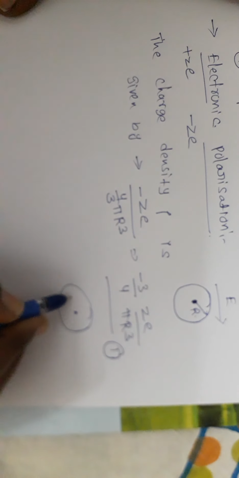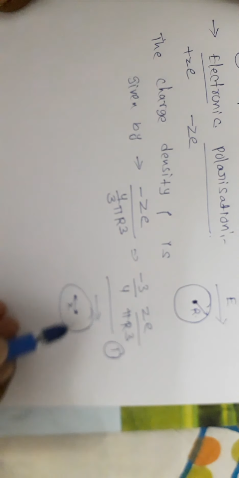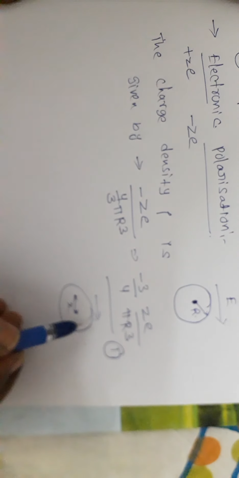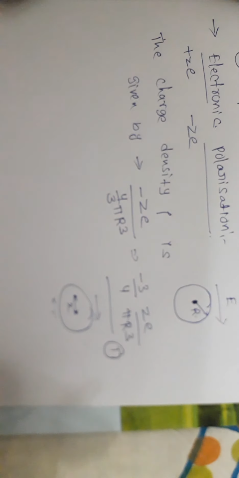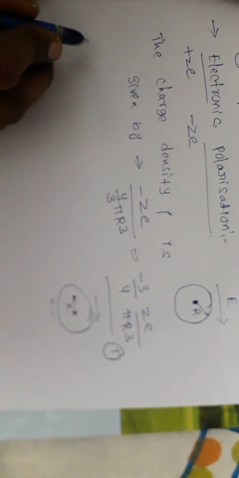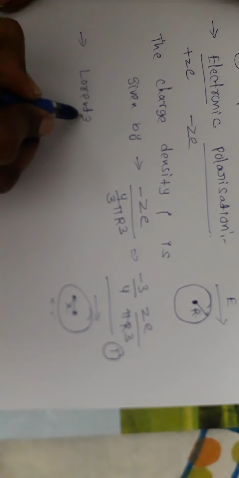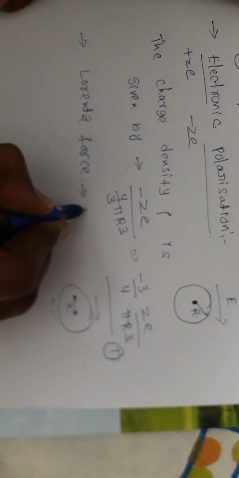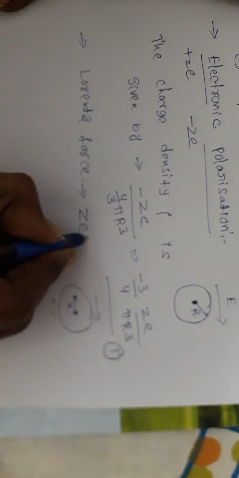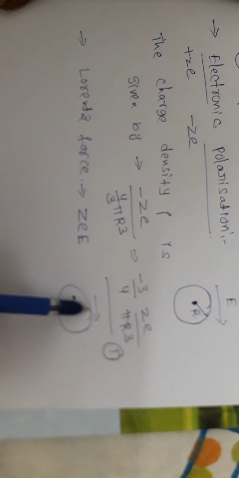Now the positive charge and negative charge are separated by a distance x. The Lorentz force, which is ZeE, acts on the charges due to the applied field.